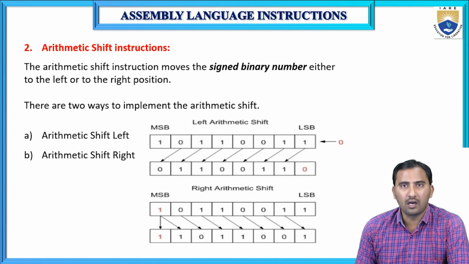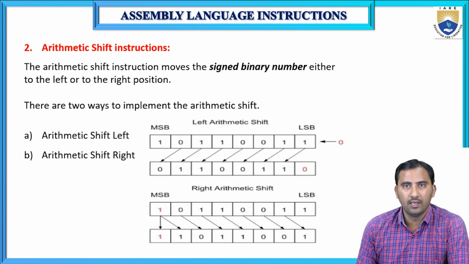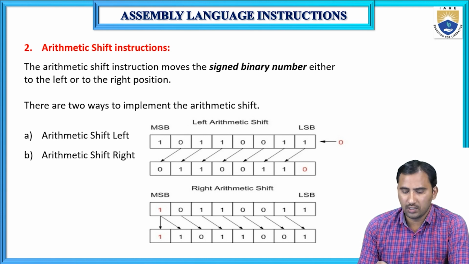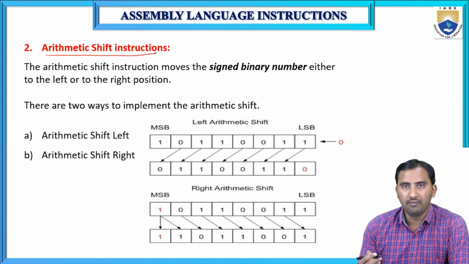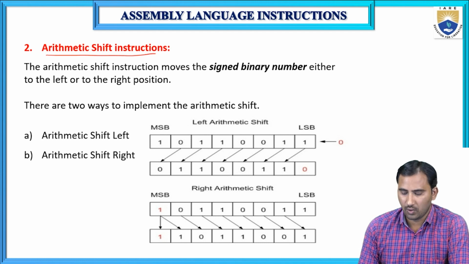And coming to the arithmetic shift instructions. So this arithmetic shift instructions we are performing on signed numbers. So logical shift instructions we can use for the unsigned numbers. So these arithmetic shift instructions we are using for signed numbers. Okay.